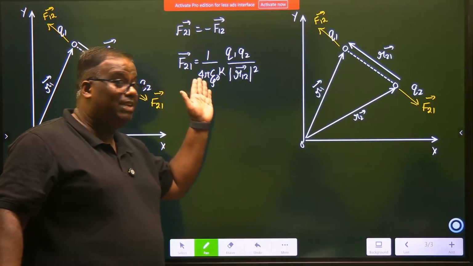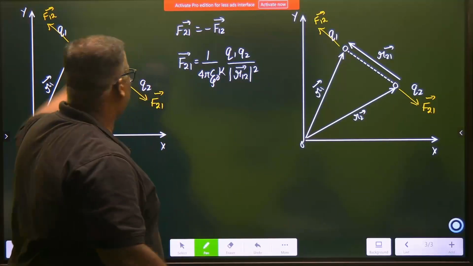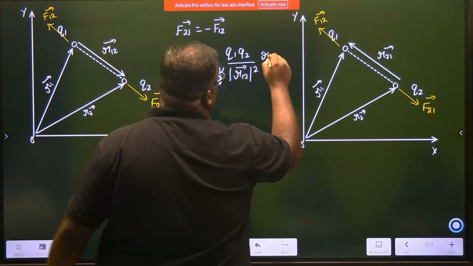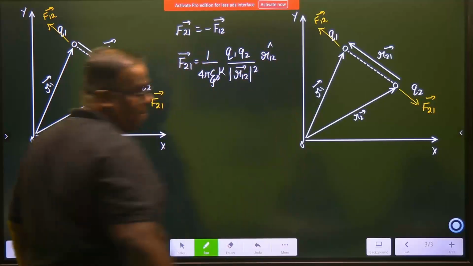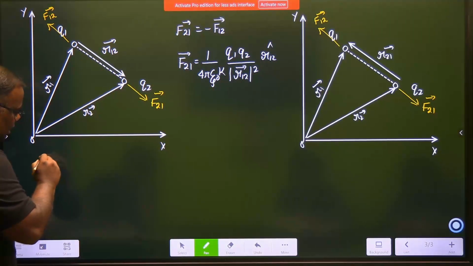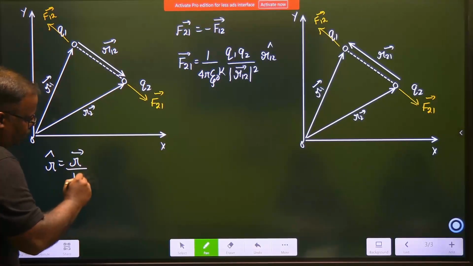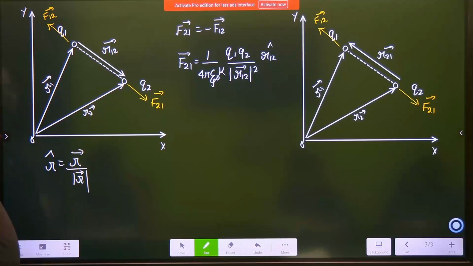Since this is a vector, you need to give also a direction to it. What is the direction? The unit vector along this direction, where a unit vector R cap is always the vector R stripped off of its magnitude. Remember this.